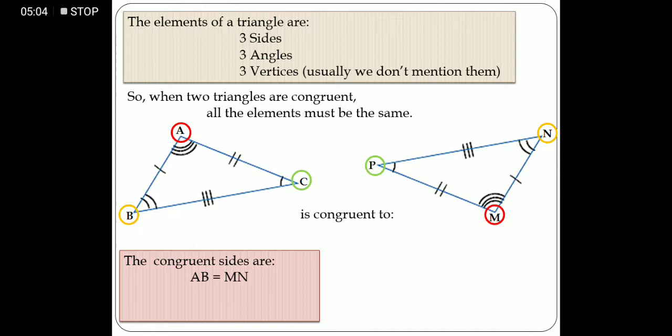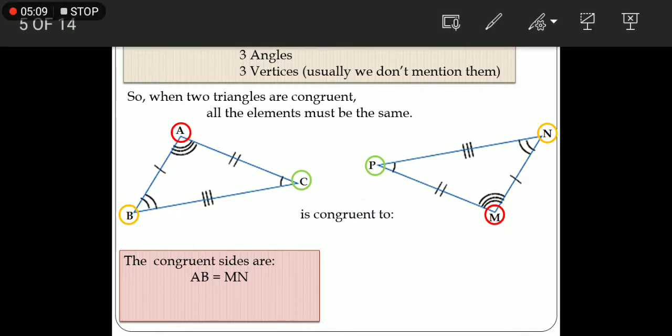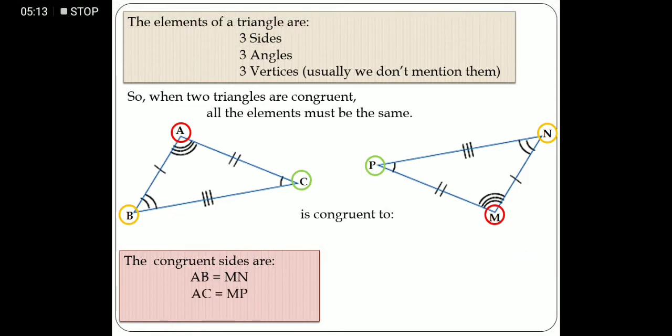The congruent sides here, for example, I told you that AB and MN are equal because they have the same measure. AC equal MP and BC equal NP. I'm comparing the two triangles, okay?